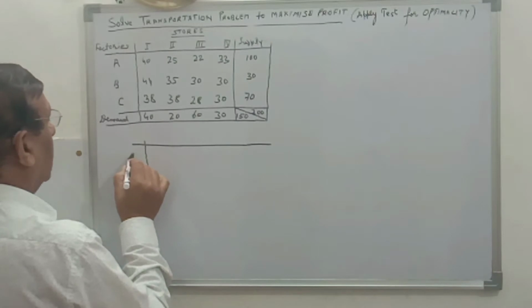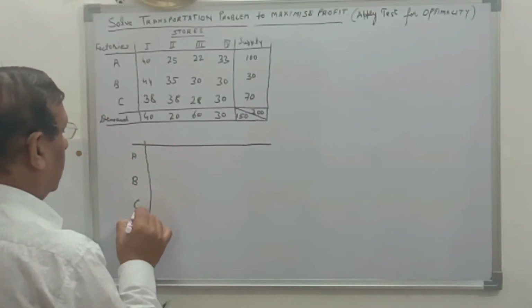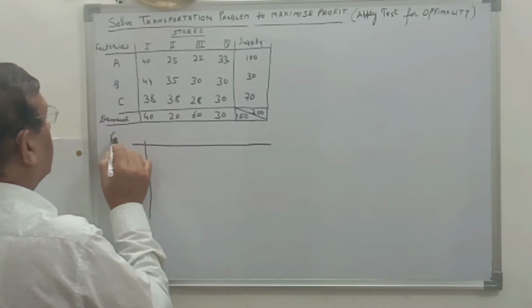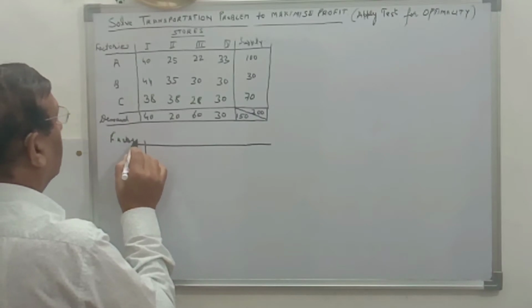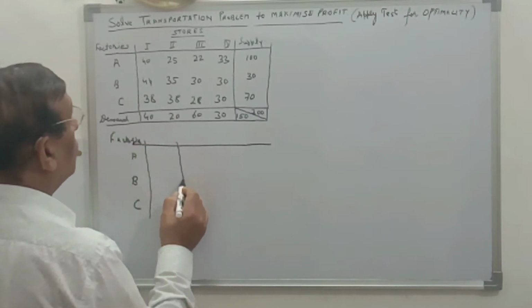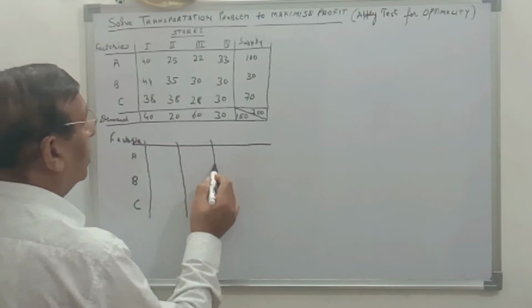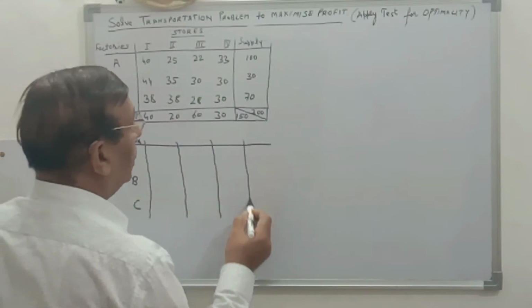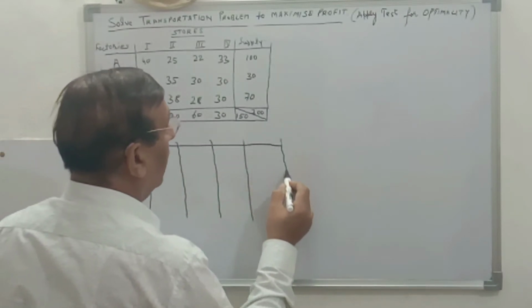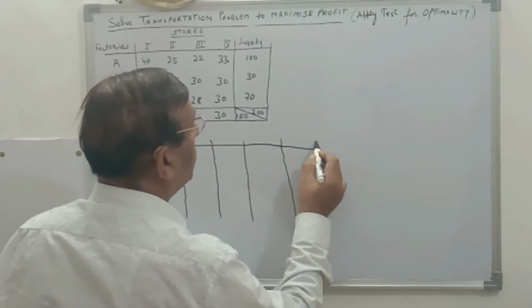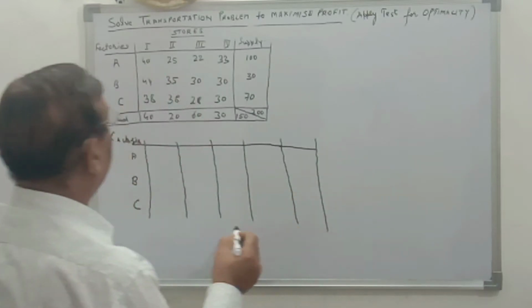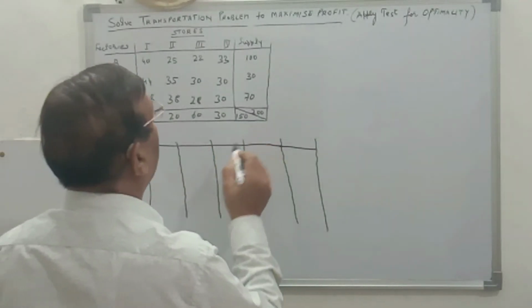Here is A, B, C. These are the factories, and these are the stores. 1, 2, 3, 4 stores are given. We have to create another dummy store so that we can have dummy demand to make it 200.